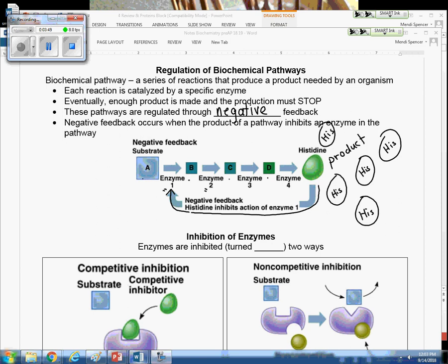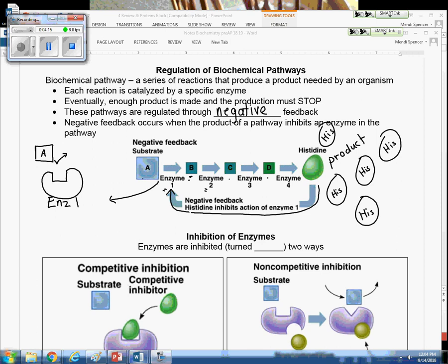So let's say that we have, I'm going to draw this enzyme right here. So let's draw enzyme 1 in this process. And this is the substrate, you know, this is A. So let's make an enzyme that kind of has that shape, like this, okay? And enzyme 1 is supposed to take the substrate and then convert it into B, which we have right here. That's what that diagram is showing you.